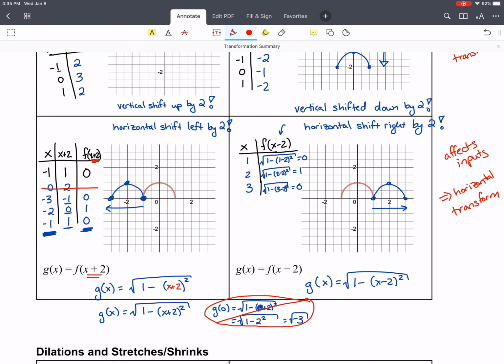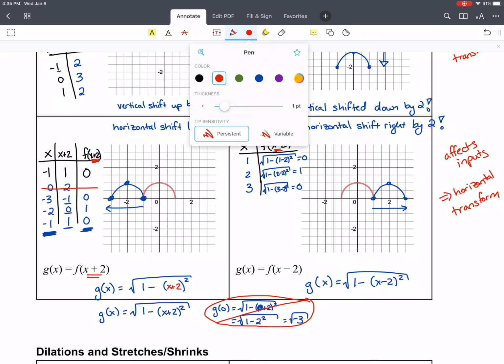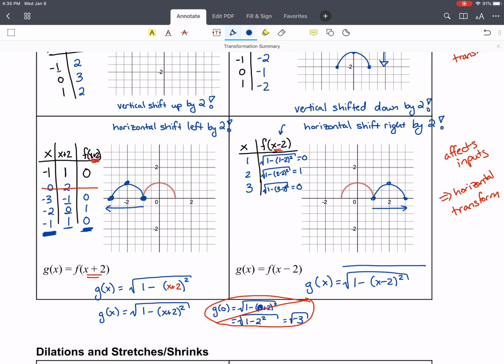And when I subtract 2 from the inputs, I shift right. And my corresponding equations you can see here, to get those horizontal shifts to the left or to the right.